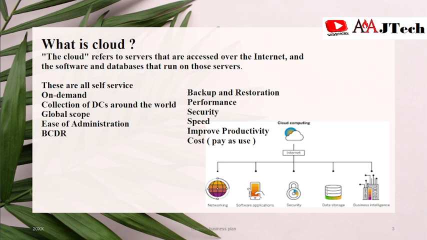The next one is global scope. So obviously it has global scope everywhere, and ease of administration. It's very easy to administer, but again you have to learn a little bit about the environment and how to use it. And there's BCDR.